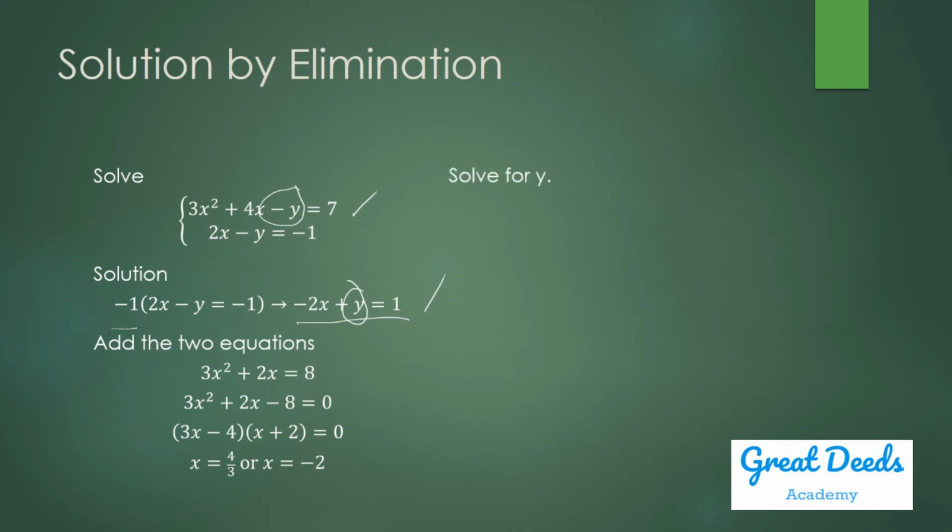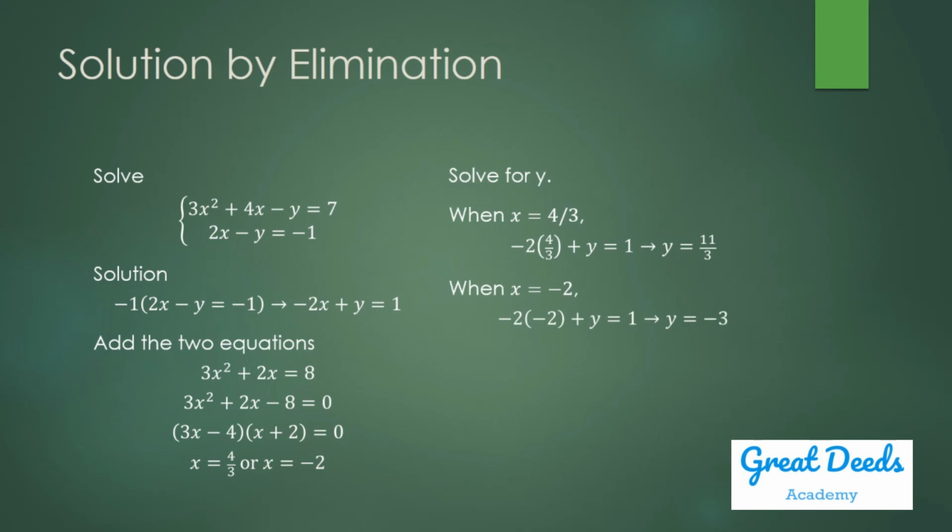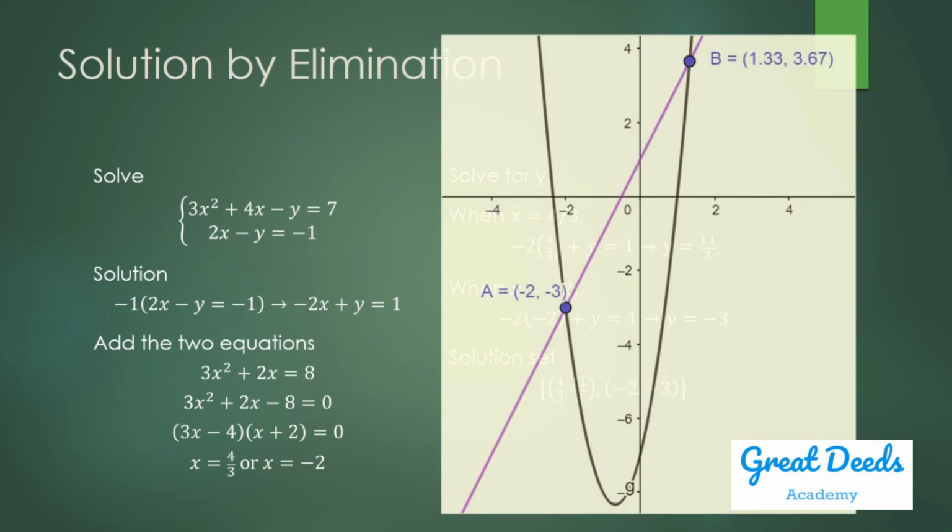Let us use this equation, this or this. So when x is equal to 4 over 3, y is equal to 11 over 3. When x is equal to negative 2, y is equal to negative 3. This is the solution set. So our line will intersect the parabola, and these are the points of their intersection.